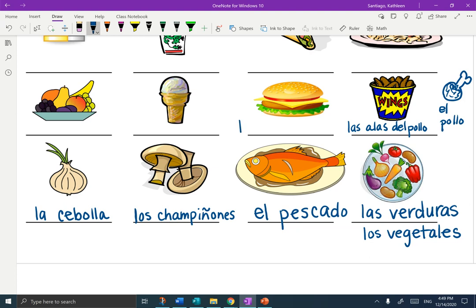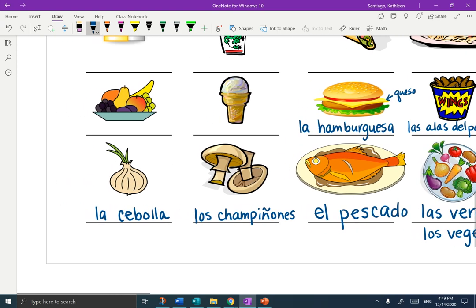Hamburger is a cognate, but remember the H is not pronounced in Spanish, so it's hamburguesa. This one happens to be la hamburguesa con queso, right? Remember, we know that word, queso. Okay, the next one over is el helado.